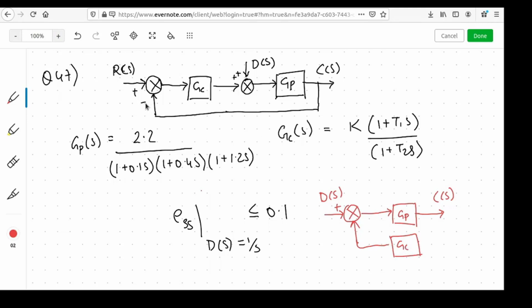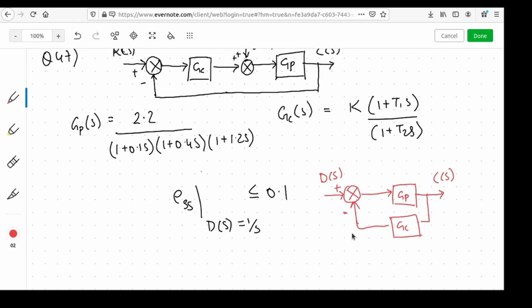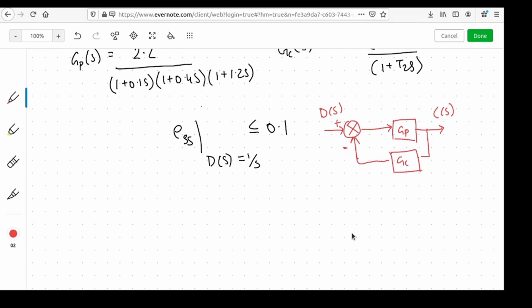So the negative sign will get propagated to the summing point or the compensator block, since R of s is 0. So you can put the negative over here. So this is a negative feedback system with the forward path gain of Gp and the feedback path gain of Gc. So the transfer function will be T of s divided by D of s equals Gp divided by 1 plus Gp Gc.